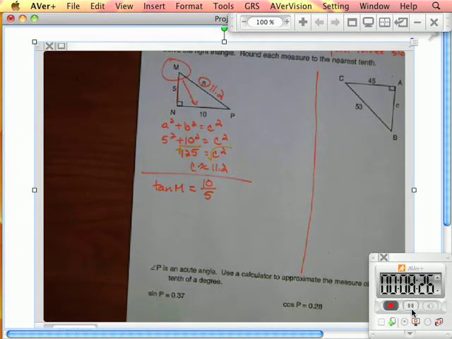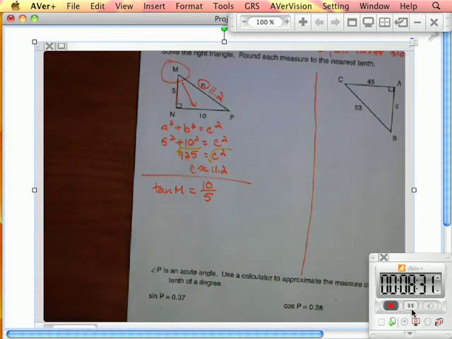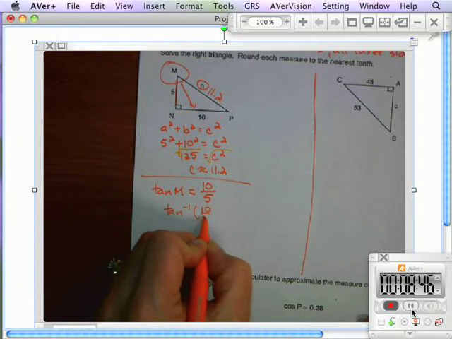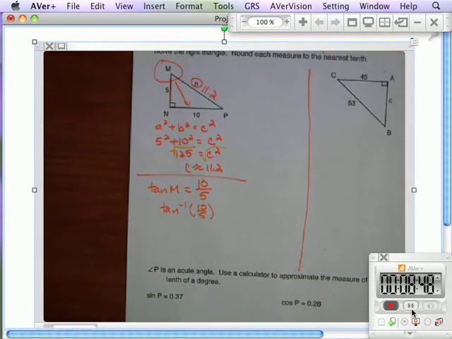Then what's the next thing I have to do to find how big the measure of angle M is? We just did it on the other side. What's the next thing we have to do? Use the what? Yeah, the inverse. We got to take the inverse tangent of 10 over 5, which is really just 2. I'm going to go to the calculator.